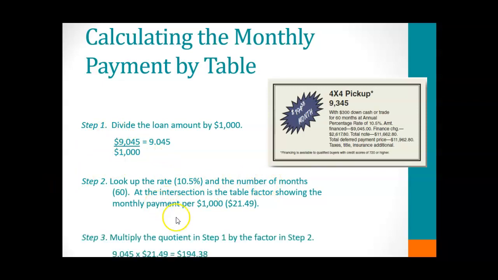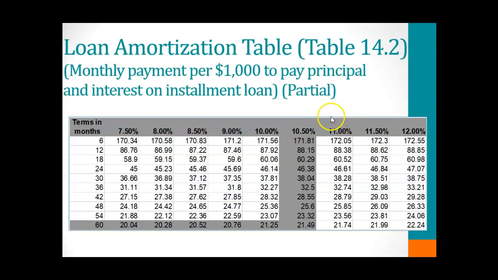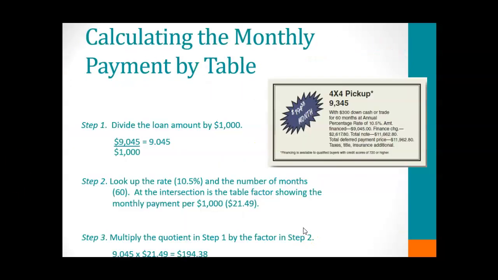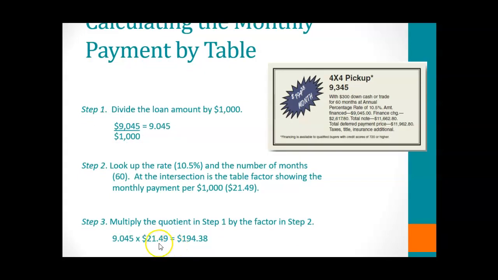At the intersection of 10.5% and 60 months, you see a factor of 21.49. So in the section of 10.5% and 60 months, the factor is 21.49. Now multiply the 21.49 times 9.045.